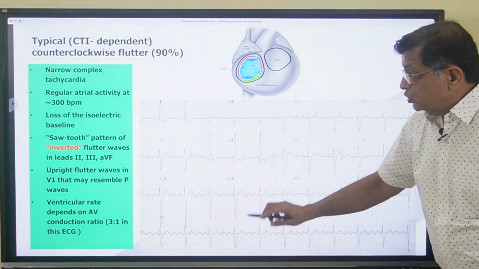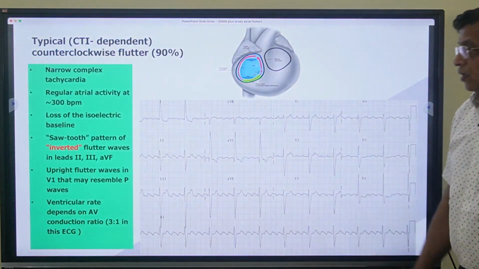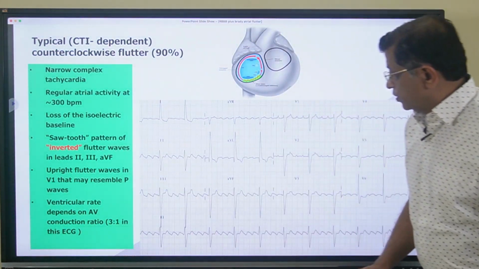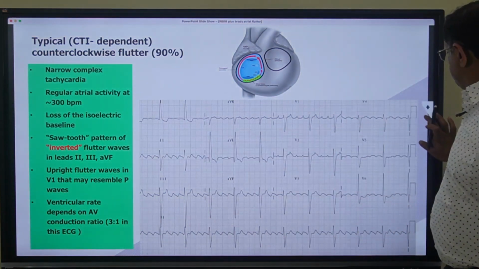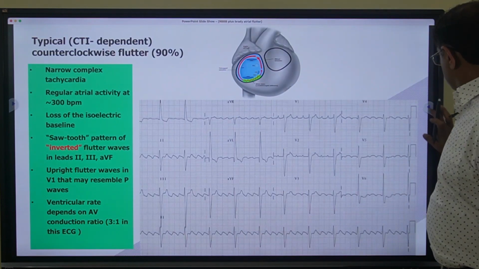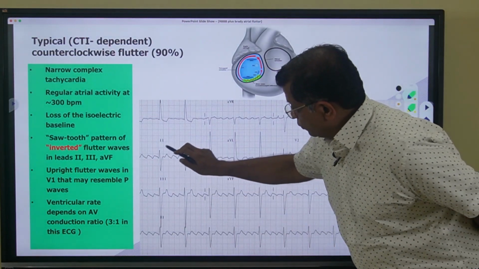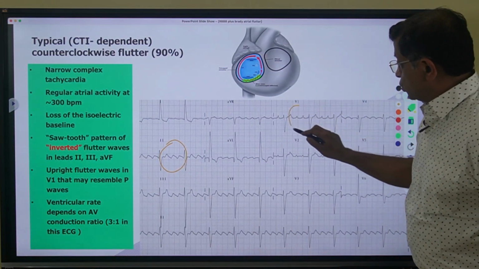There will be loss of the isoelectric baseline. So you get a typical sawtooth appearance with inverted flutter waves in the inferior leads. So this is lead 2, the flutter waves are inverted. So flutter waves are inverted in lead 2 and they are positive in lead V1.